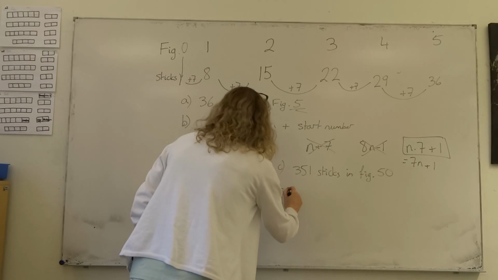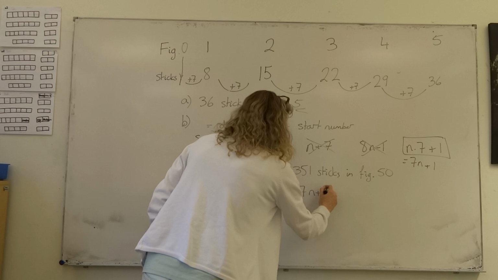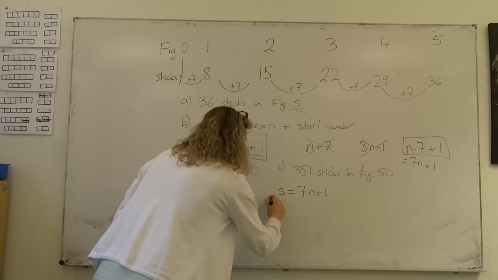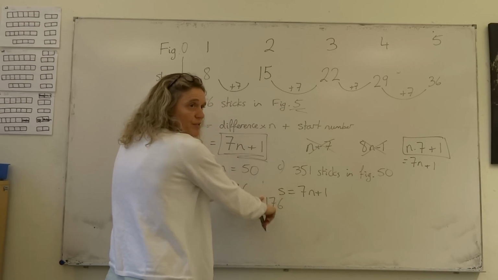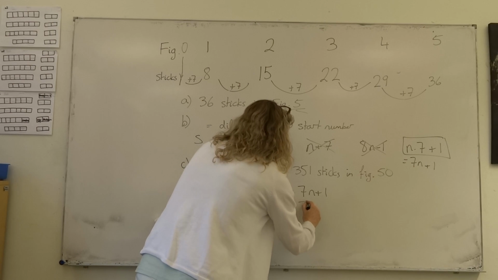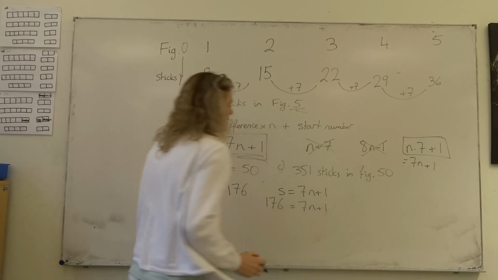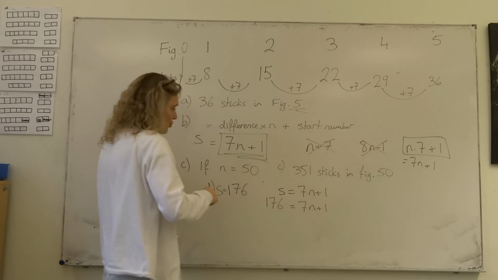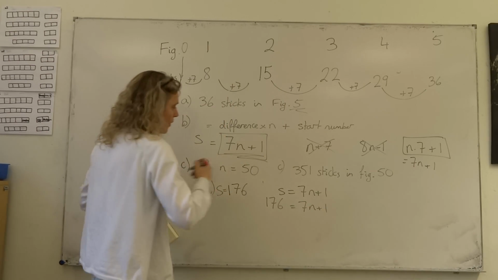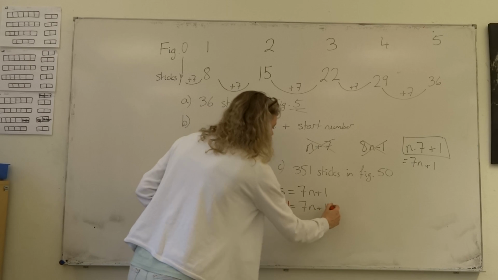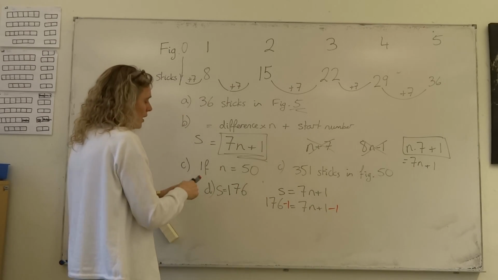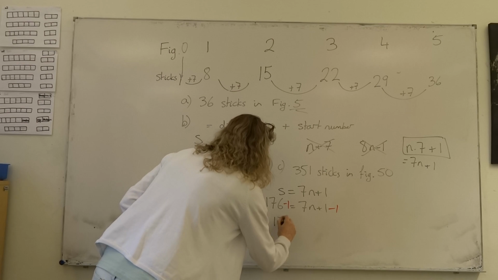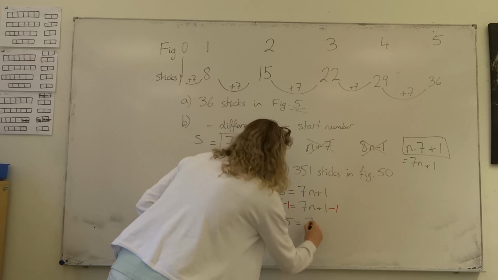We know that S equals 7n plus 1. That must equal 176. That's the number of sticks. Equals 7n plus 1. We've got 7n over here and we've got numbers as well. So we subtract 1 from both sides of the equation. Minus 1, minus 1. That gives us that 175 equals 7 lots of n.